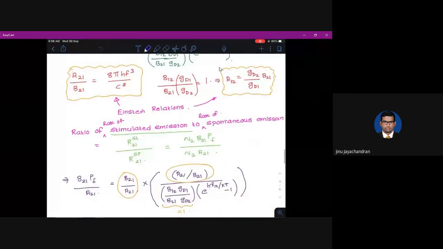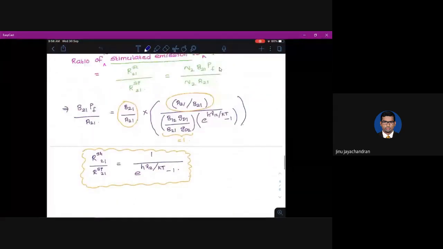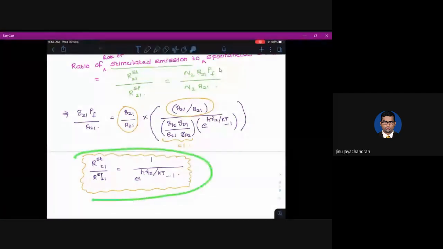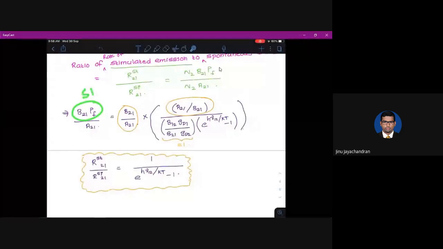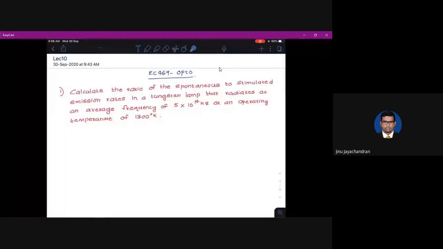So this is stimulated, and this is spontaneous. But the question asks for the ratio of spontaneous to stimulated. So basically we need to invert this, fine.